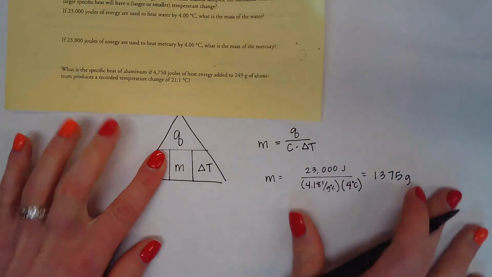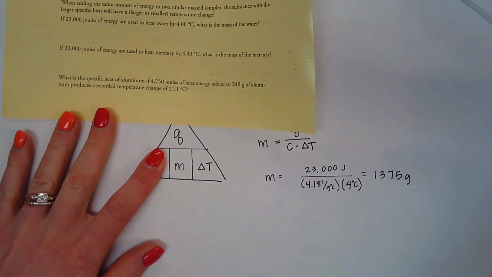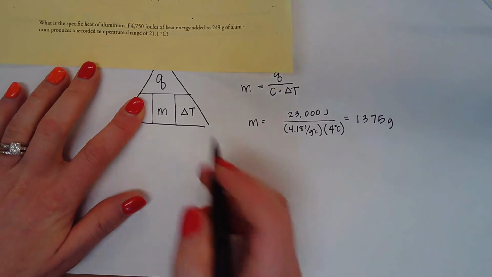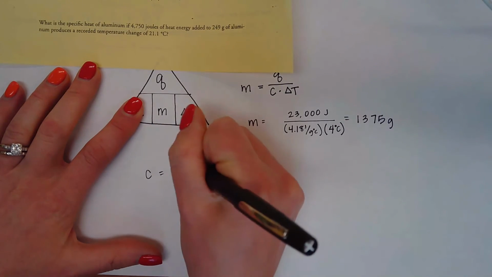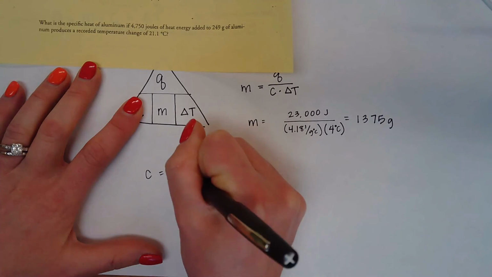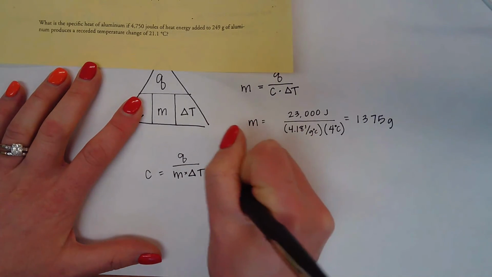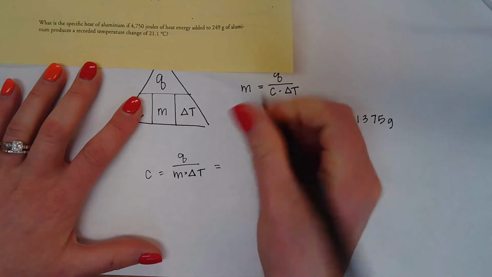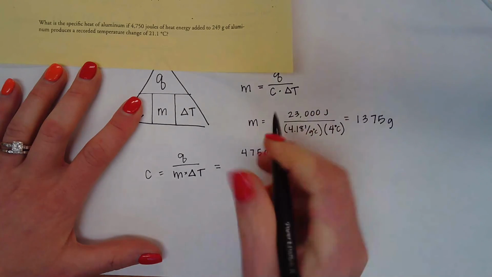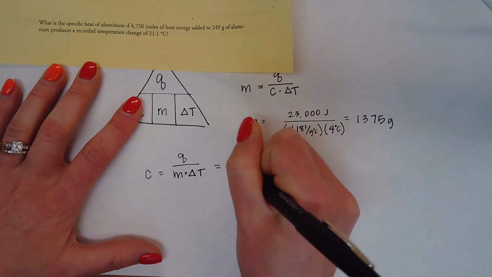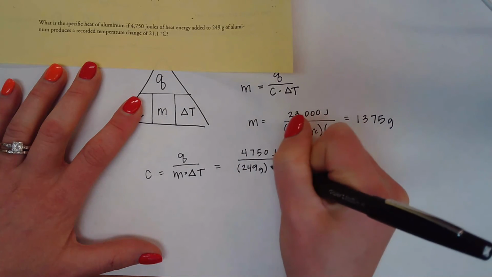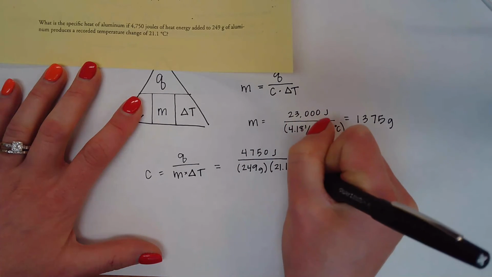For specific heat, we would cover the C. So C would be equivalent to Q over M times delta T. So if we want to calculate the specific heat from the information that we have, 4,750 joules, we're going to divide that by the mass of the substance, in this case 249 grams of aluminum, times the temperature change, which was 21.1 degrees Celsius.